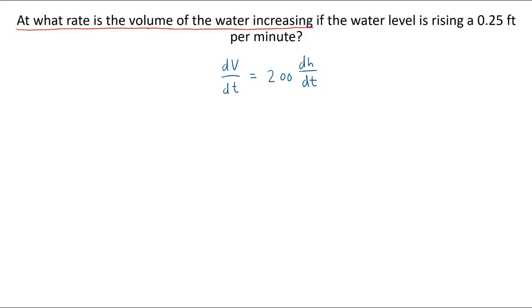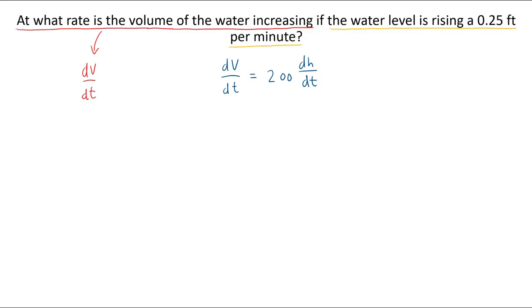That is asking us to find dV over dt, because dV over dt is the rate at which the volume of the water is changing over time. But if you want me to use this equation to find dV over dt, then you have to give me dH over dt. So let's keep reading.